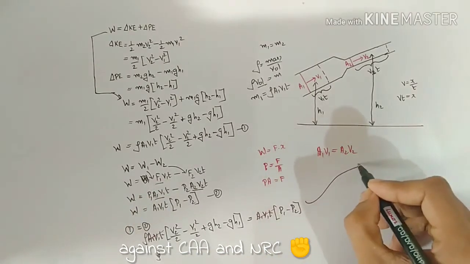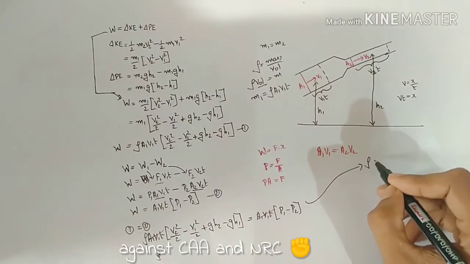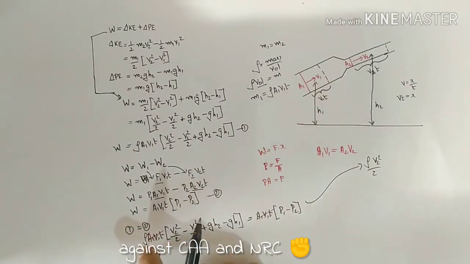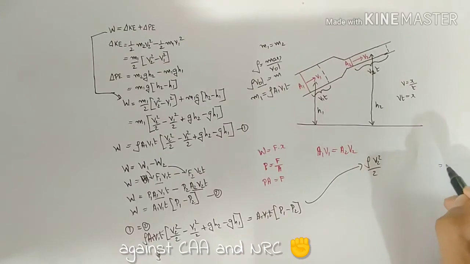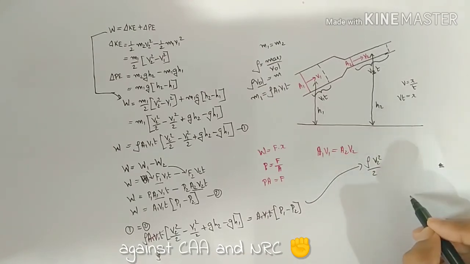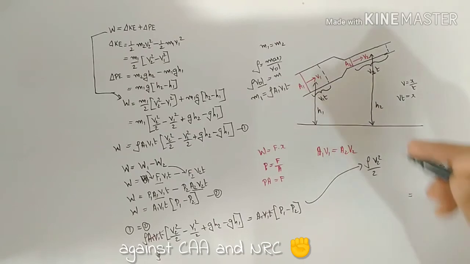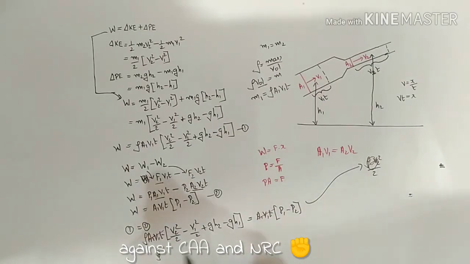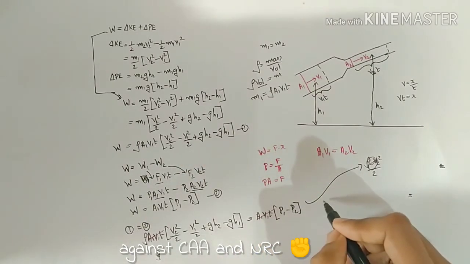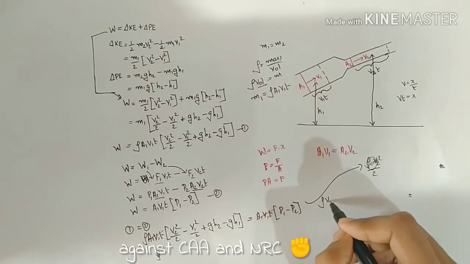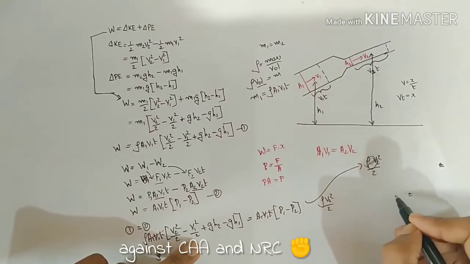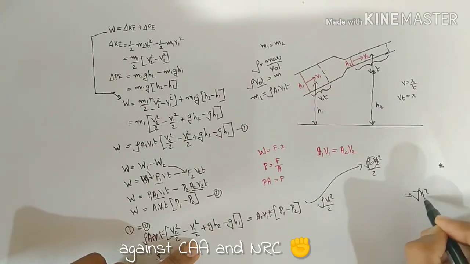Let me write it over here: rho V2 square by 2, minus rho V1 square by 2.